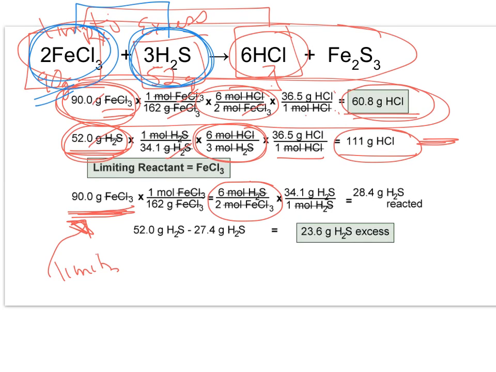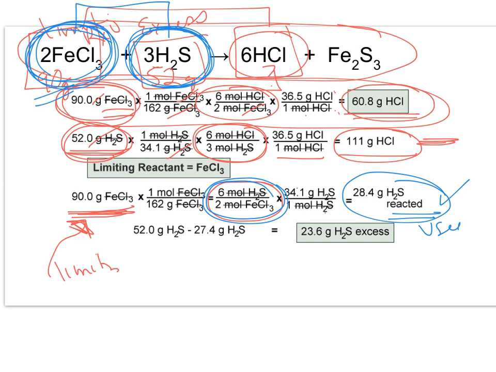So I convert to moles of iron 3 chloride, and then I'm using a mole ratio between the iron 3 chloride and the hydrogen sulfide to show how much I'm actually going to react with it. This is the molar mass of hydrogen sulfide. So this is another way that you can find the amount of the excess reactant that's reacted, in other words, that's used up. It's the same amount of work, so it doesn't matter which one you use.